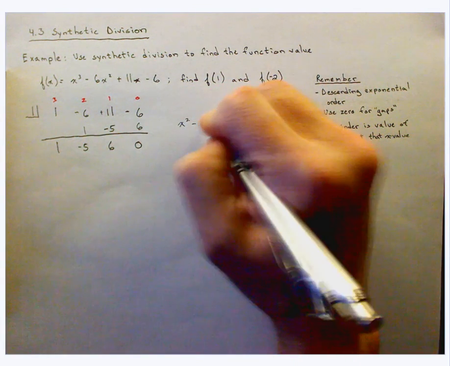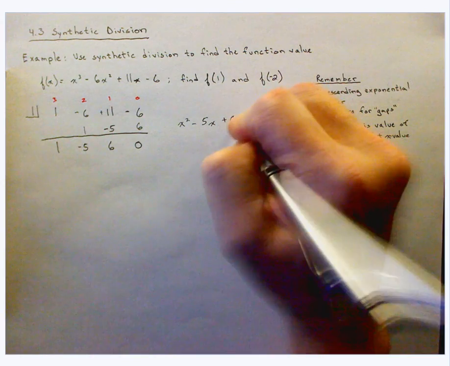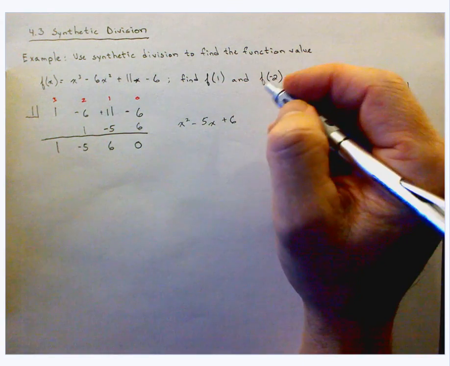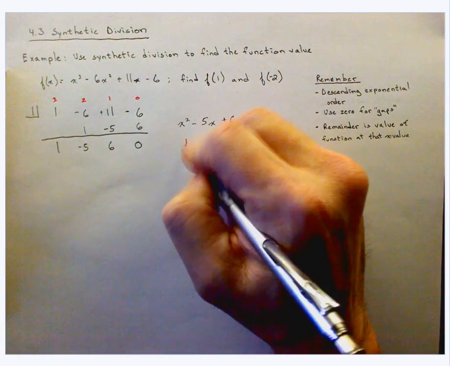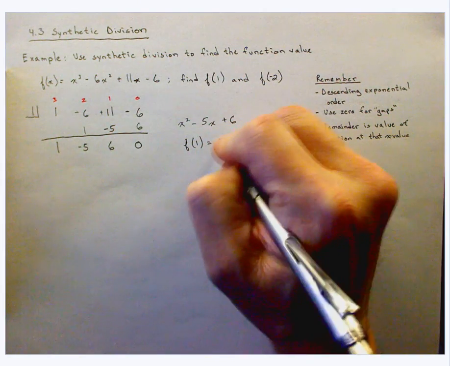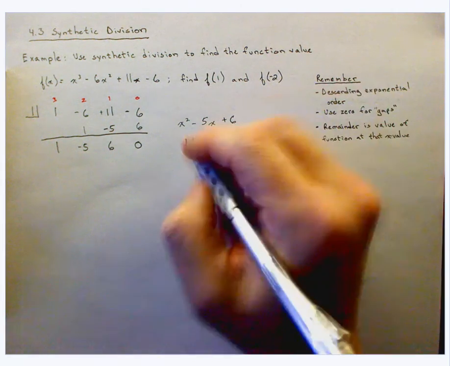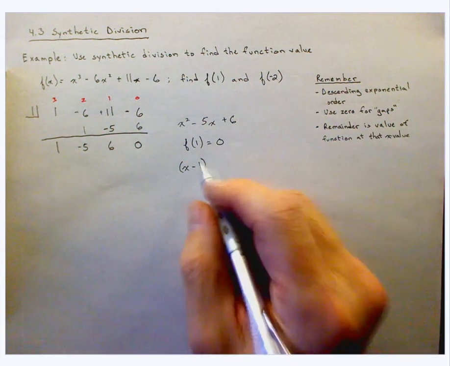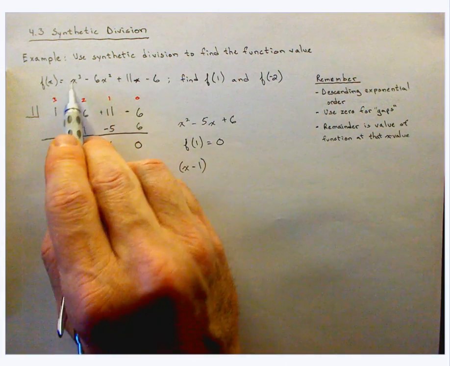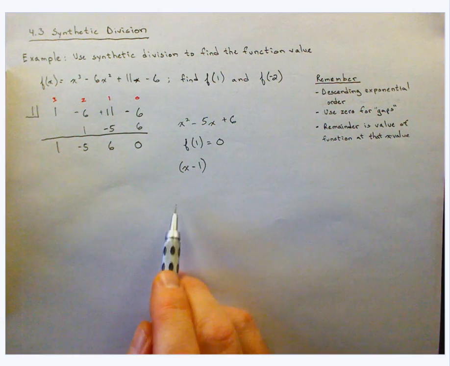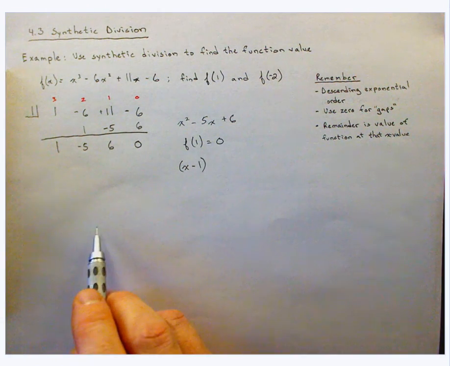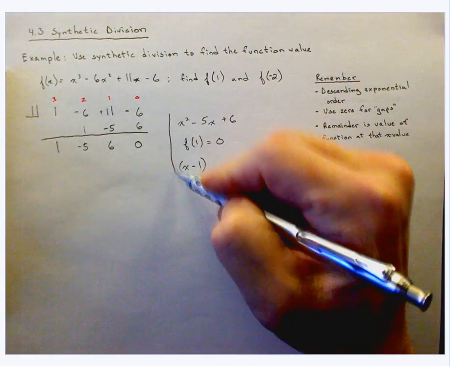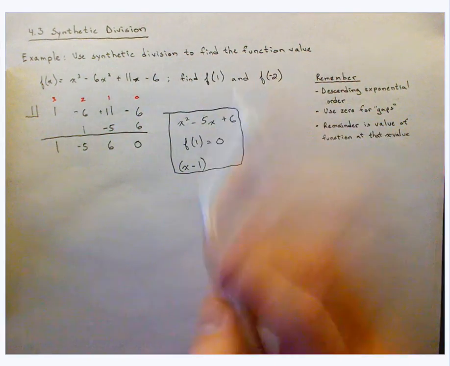X squared minus 5x plus 6. My function value at f of 1 is equal to 0. What I know is that x minus 1 is a factor of this polynomial. It is a 0. All of this is what I know from what I just did with synthetic division.